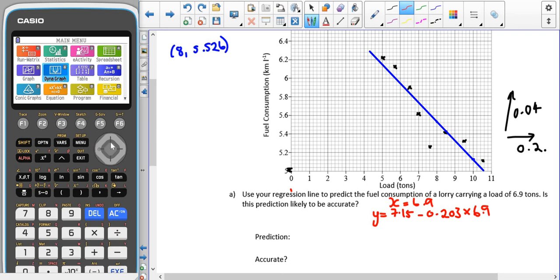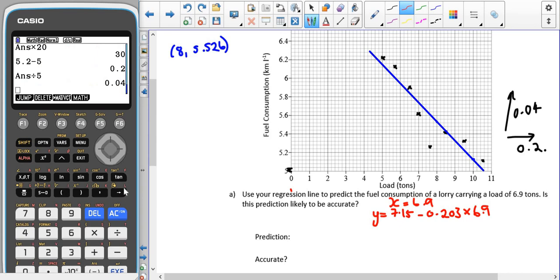So I can actually just put that into the normal calculator part. 7.15 minus 0.203 times 6.9. And that gives me a y value. My prediction is 5.75 to 3 significant figures, kilometres per litre.